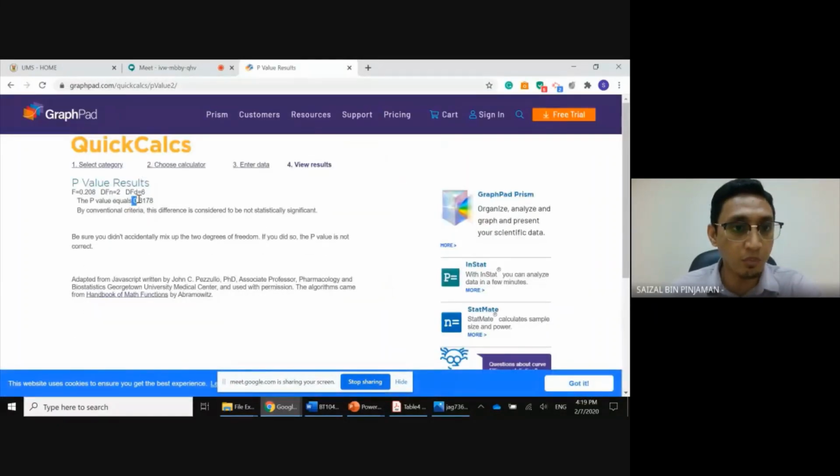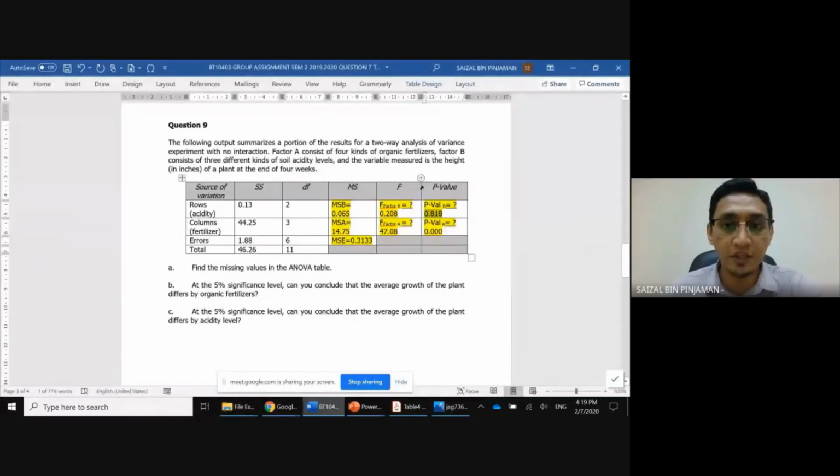Here we have 0.8178, or in other words, 0.818. So the p-value for acidity level is 0.818, while the p-value for fertilizer, remember to refer back to the F statistic for fertilizer, is 47.08.